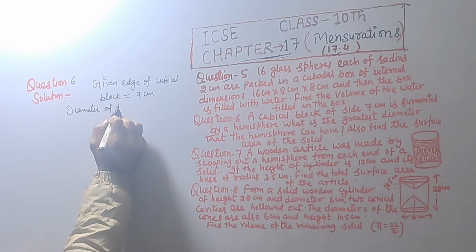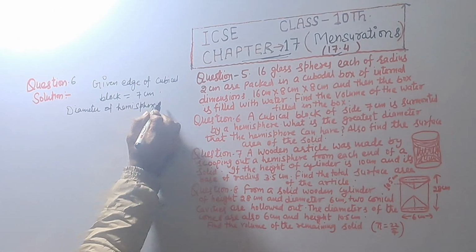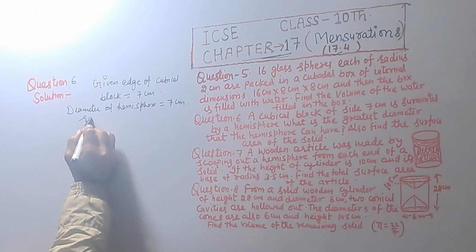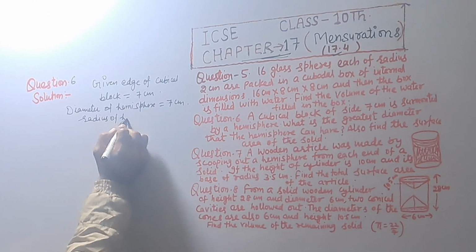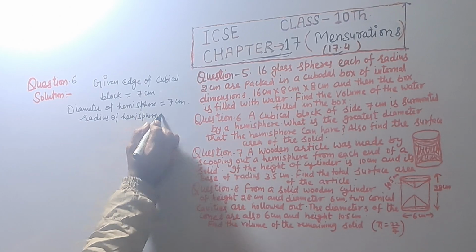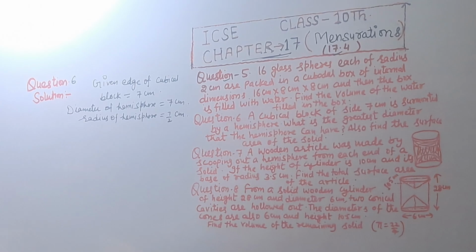Diameter of hemisphere is equal to 7 centimeter and radius of hemisphere is equal to 7 upon 2 centimeter, half of diameter.